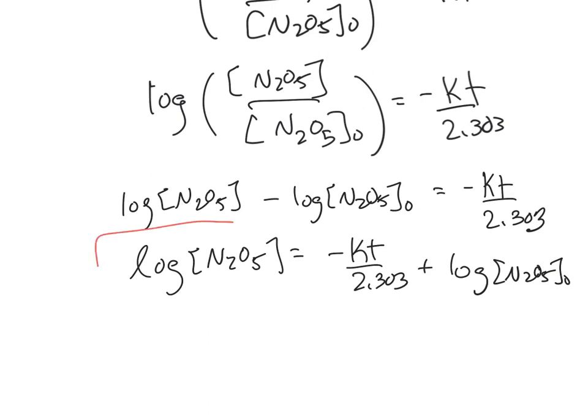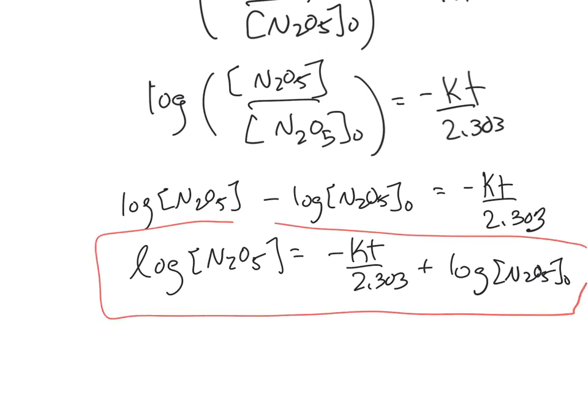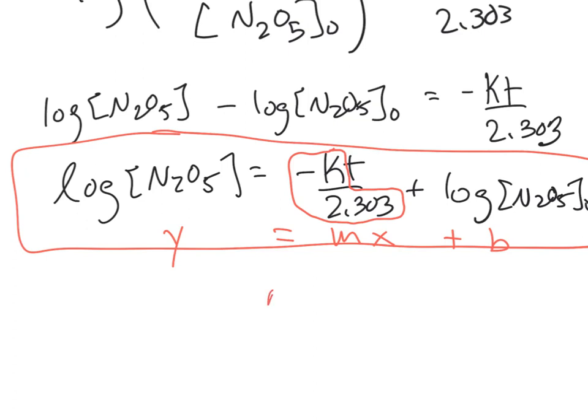All right, so this is the very useful form of the integrated rate law for first order. And this is in the form of y equals mx plus b. And in the case of this equation, the negative k over 2.303 will be equal to m, if you're doing a base 10 plot.